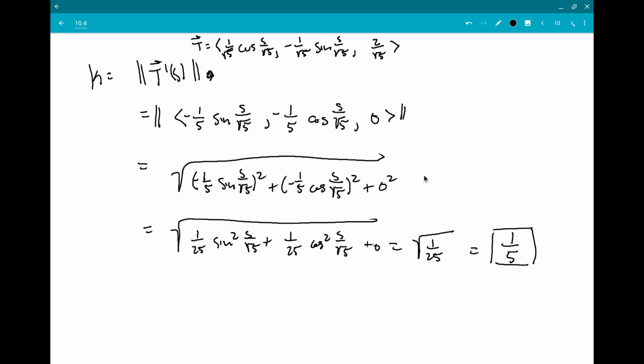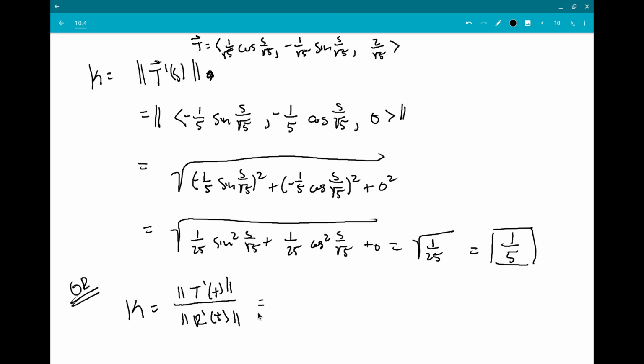Now I made you do all this one time. I'm just going to tell you that there are other ways we can calculate curvature. You can calculate curvature as the magnitude of T prime of t divided by the magnitude of r prime of t. So ignoring all this parameterization and solving for s, you can just use that formula.